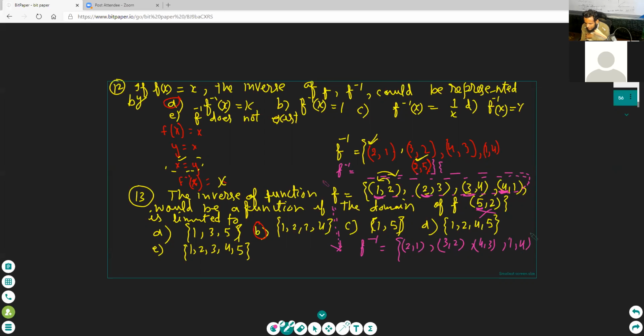See here, is this a function or not? Now it is a function. f inverse is a function because the first elements of the ordered pairs are not repeated. There are no repeated x values. It is a function. We move to the next.